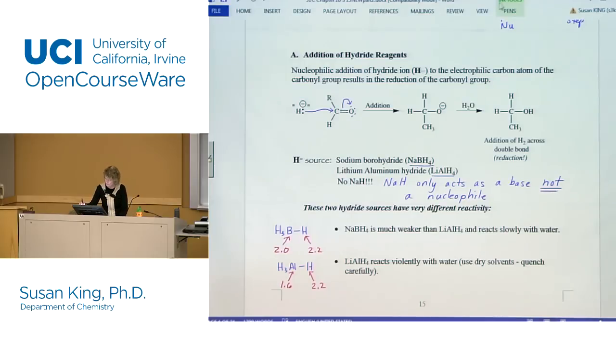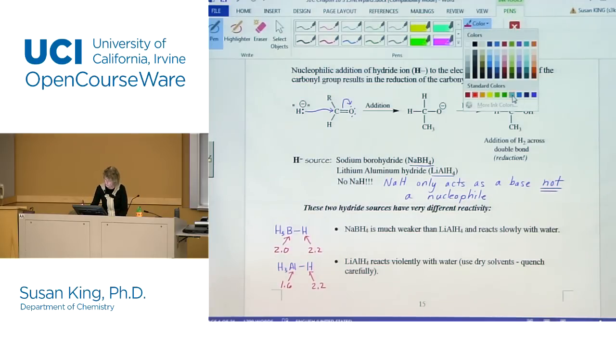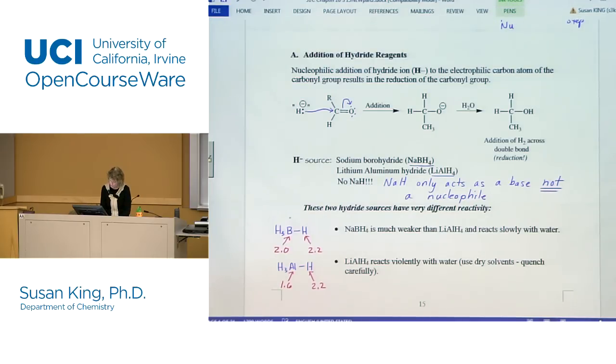For both of those bonds, we have a polarization. We have partial positive charge on boron, partial negative charge on hydrogen, so an electron-rich hydrogen. Notice this is the opposite of what we see with an acid, where we have partial positive hydrogen. Likewise, we have partial positive on aluminum and partial negative on the hydrogen.